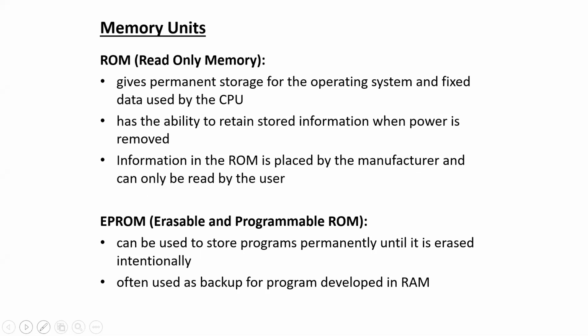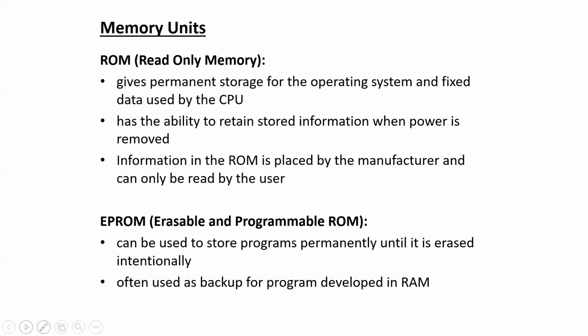The memory units are normally divided into 2 parts, the ROM and the RAM, the read-only memory and the random access memory. Maybe most of you know that the ROM is the memory where the user doesn't have any authority to change anything. The manufacturer provides or stores the operating system and some fixed data that the CPU can use as per the requirement to execute a certain instruction.